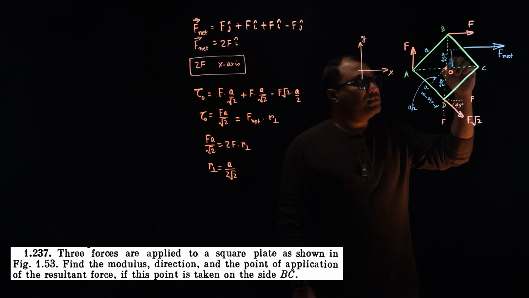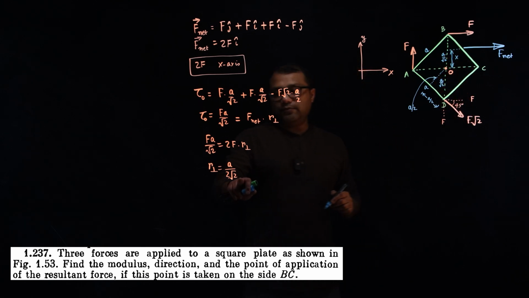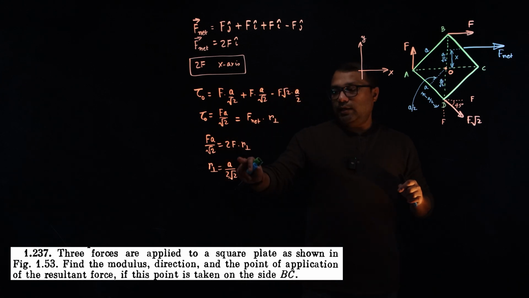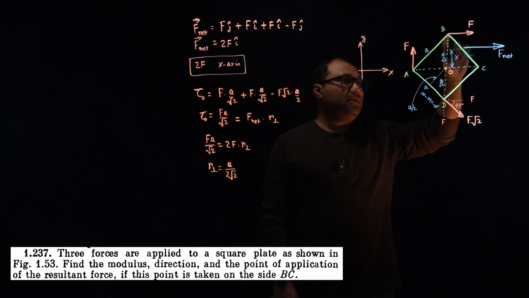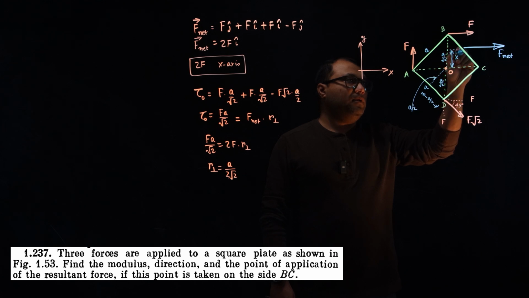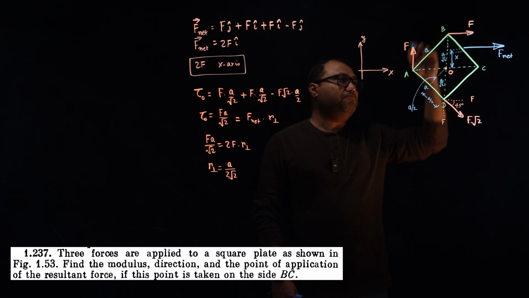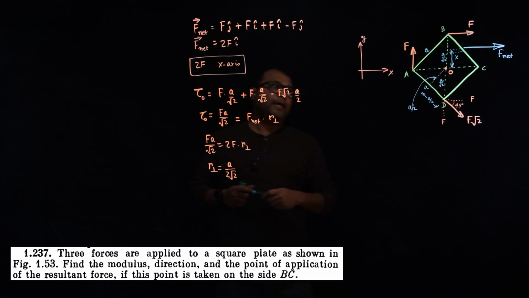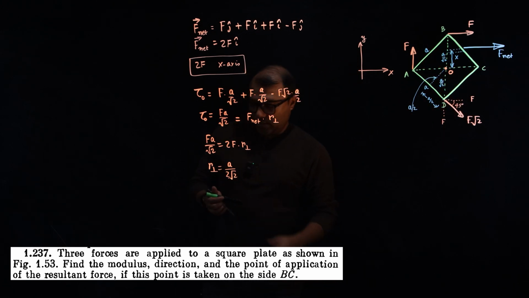Would be this distance. And that distance we found out as a by 2 root 2. So this is a by root 2, half of it. So if it is acting at half of it, on BC it will be right at the center of BC.